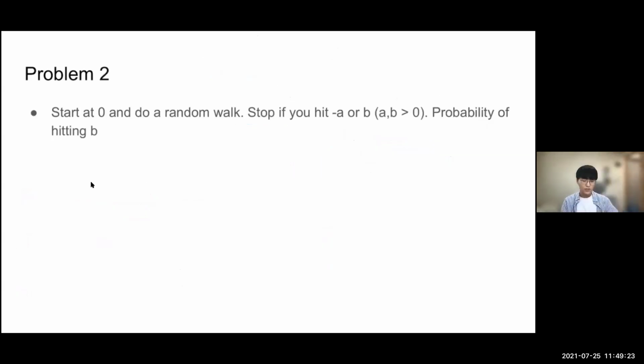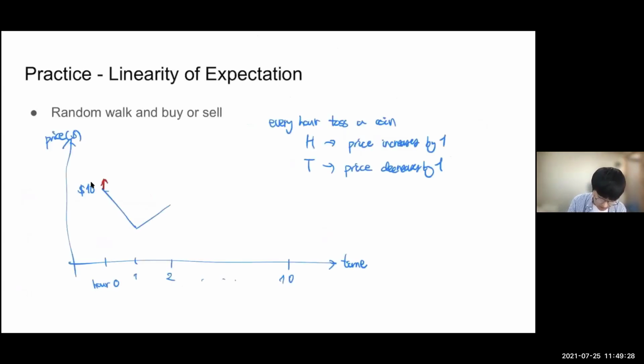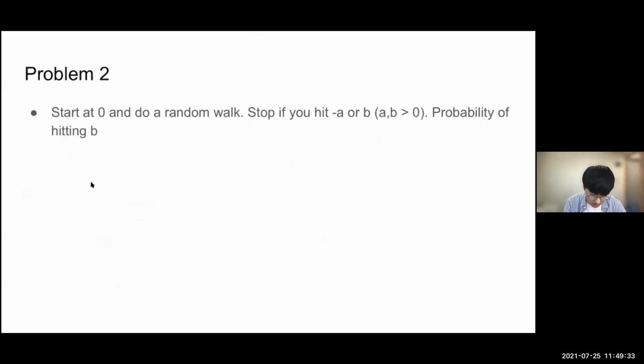So, okay, let us recall this kind of random walk we did. This kind of thing is called a random walk. You start at 0, for instance, here, and every second you toss a coin, and if you throw a head, then you move +1. If you throw a tail, then you move -1.